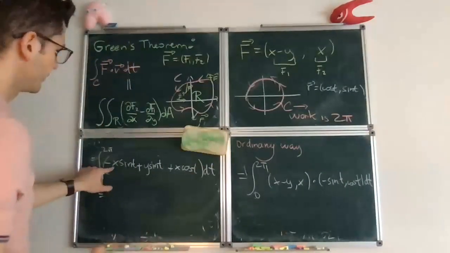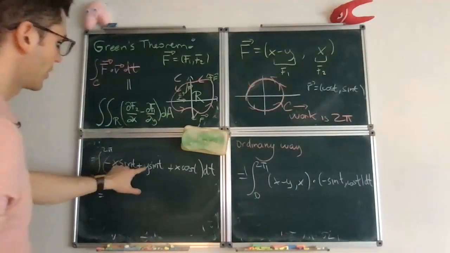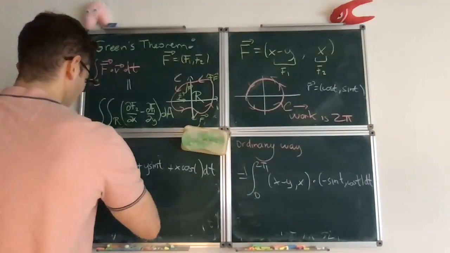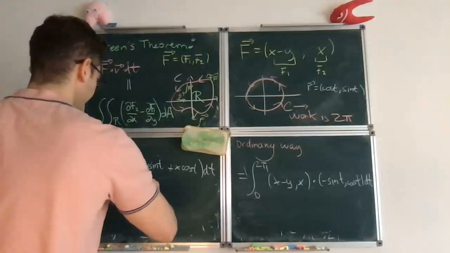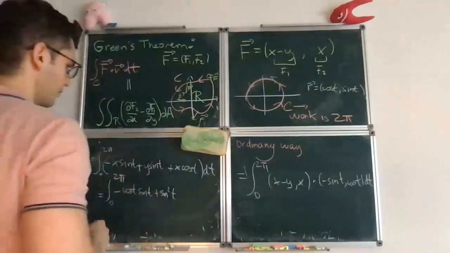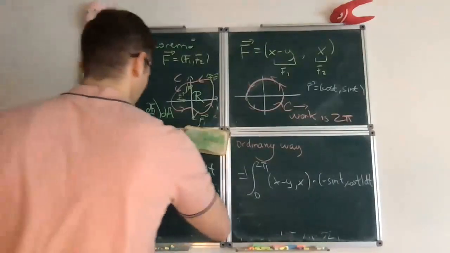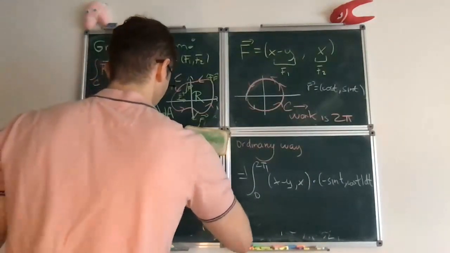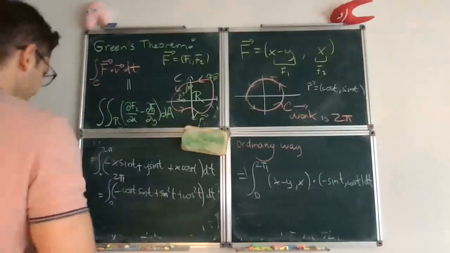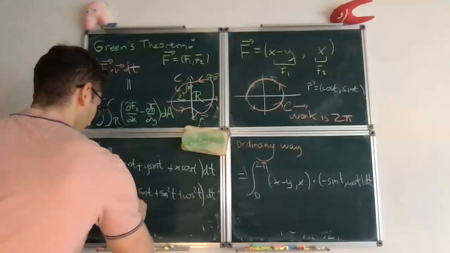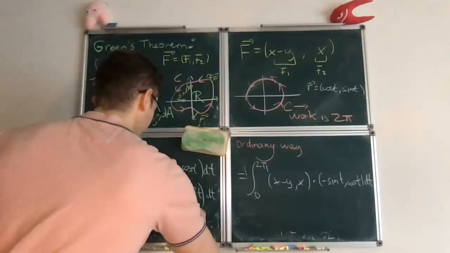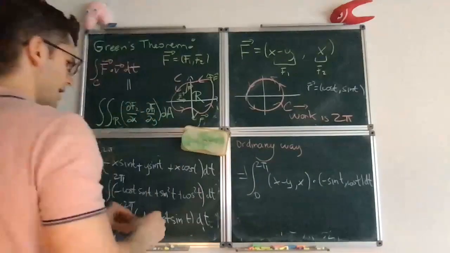But along the unit circle, x equals cosine and y equals sine, so you get the integral from 0 to 2 pi of minus cosine of t sine of t plus sine squared of t plus cosine squared of t dt. Okay, and so this gives you the integral from 0 to 2 pi of 1 minus cosine of t sine of t dt.